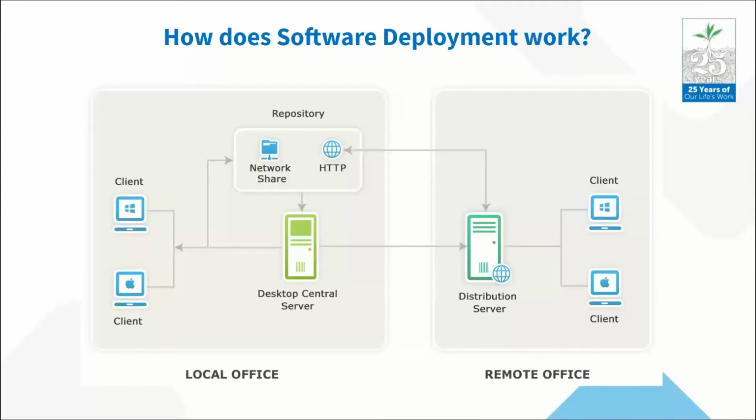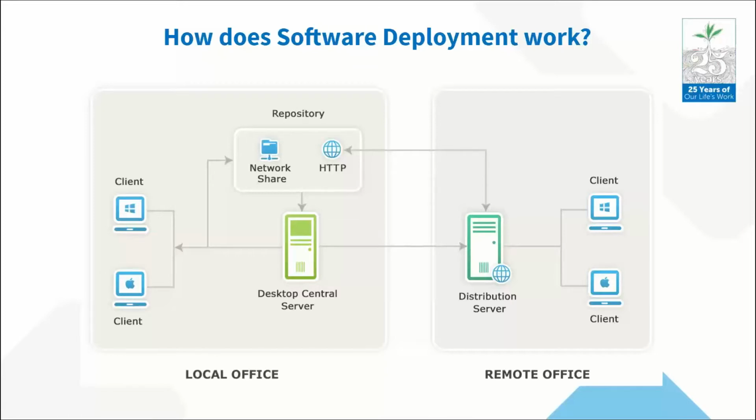With Desktop Central software deployment, the architecture and workflow is quite simple. In Desktop Central's primary central server, you have the software repositories available. We have two types of repositories: network share and HTTP repository.